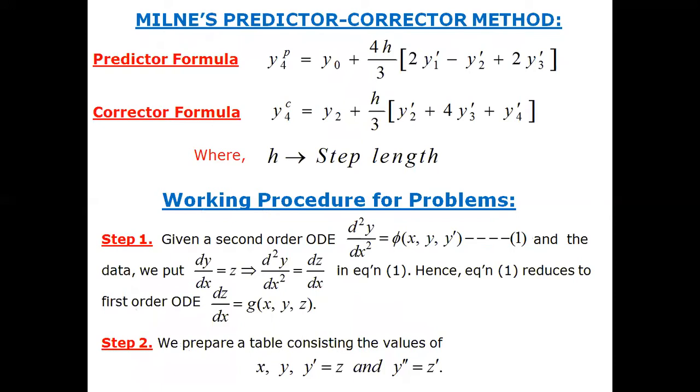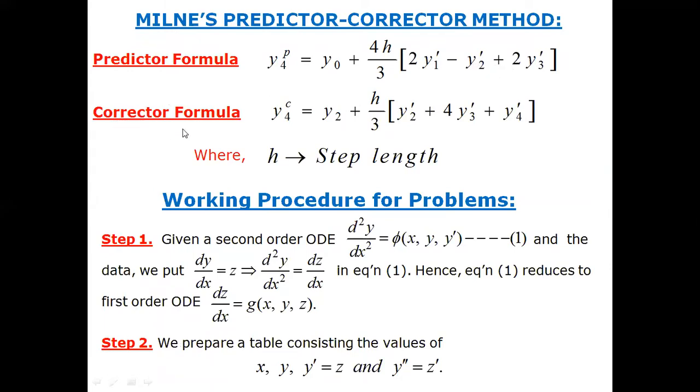Before starting the working procedure, let us recall Milne's predictor and corrector formulae. Milne's predictor formula is y4 power p equals y naught plus 4h by 3 into 2y1 dash minus y2 dash plus 2y3 dash.